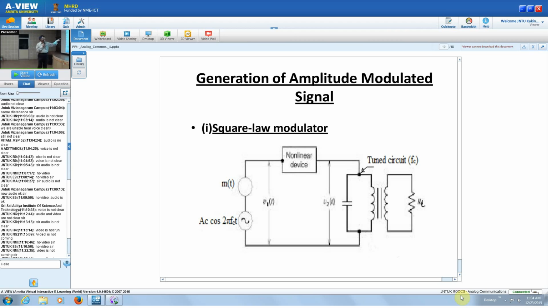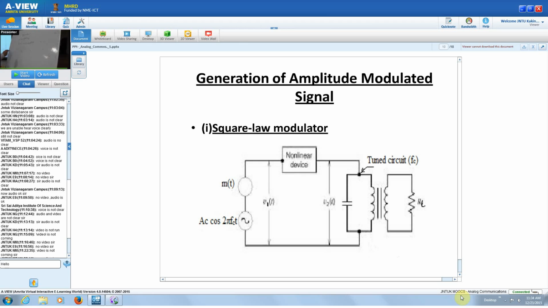So what is V1(t)? V1(t) is the combination of m(t) and Ac cos omega_c t, because these two sources were added. So this is V1(t).